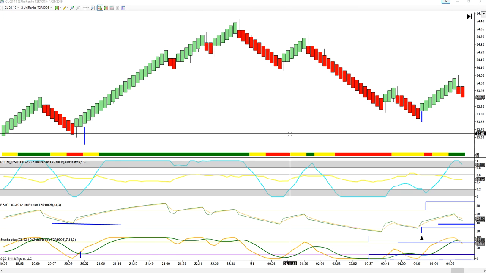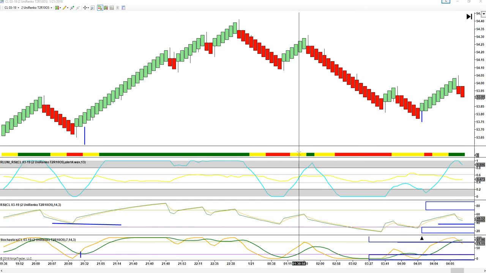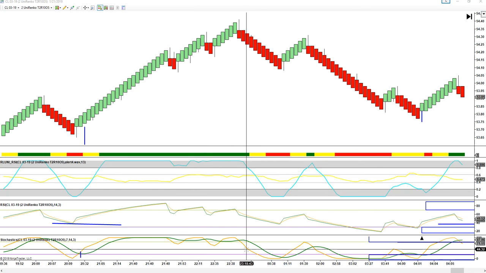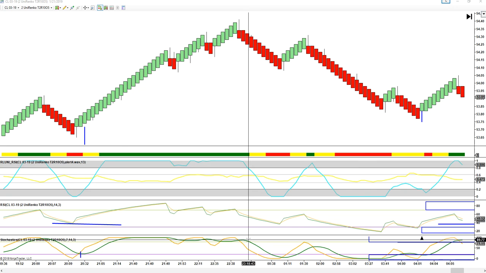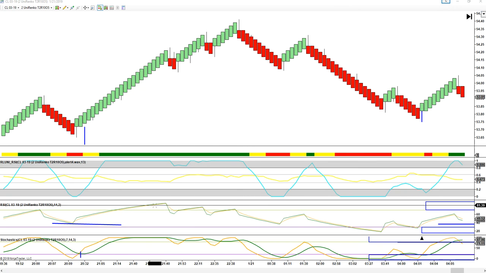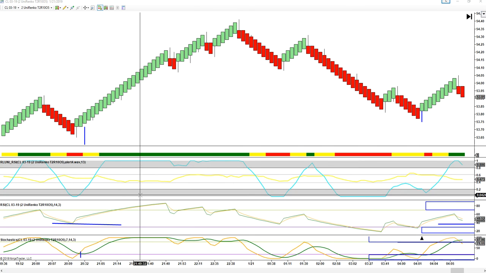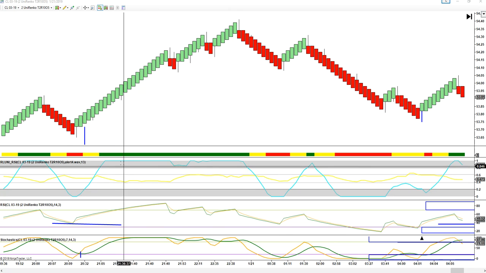Now let's take a look at the Laguerre, or the Modified Laguerre RSI indicator, compared to RSI, and compared to standard RSI, and compared to stochastic. You're going to see in what an outstanding way it really outperforms them.